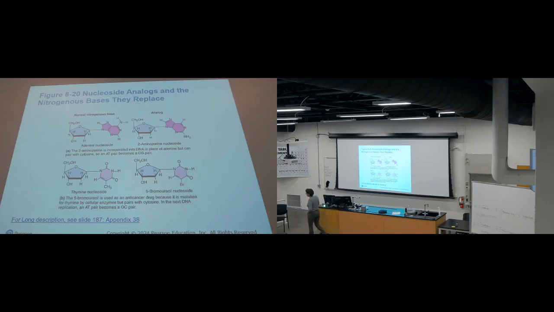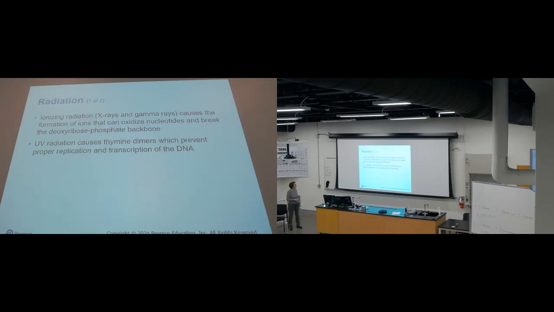Now, this 5-bromouracil is commonly used in labs to induce mutagenesis for studying what happens with mutations.